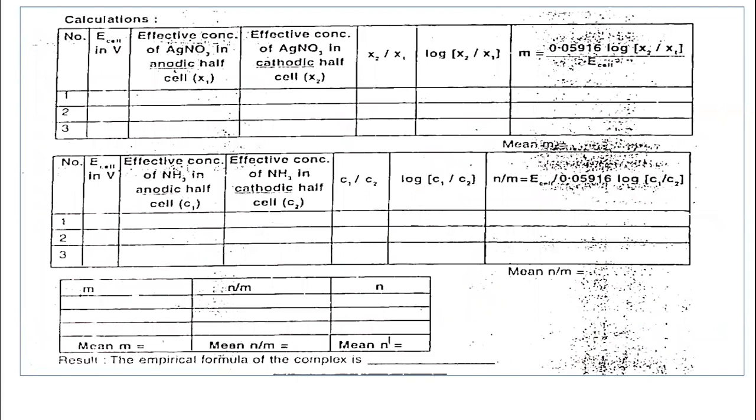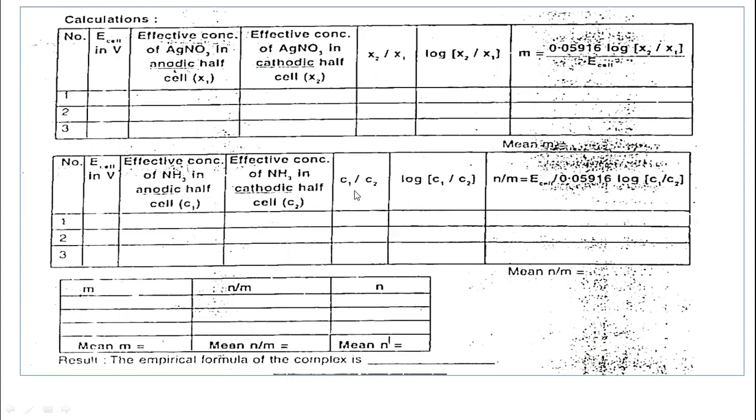So with the help of this we can determine for set 2. This is the observation table: effective concentration of the ammonia in the anodic half cell, means left hand side, and effective concentration of the ammonia in the cathodic half cell. Both have different concentrations. In the same way we have to note 3 readings, because 3 concentrations are given for the ammonia solution. The effective concentration of the ammonia in the anodic half cell is C1, and in the cathodic half cell, the right hand side, it is C2.